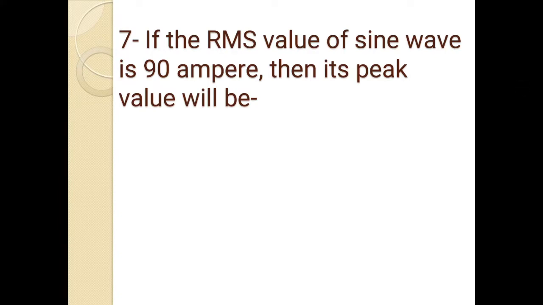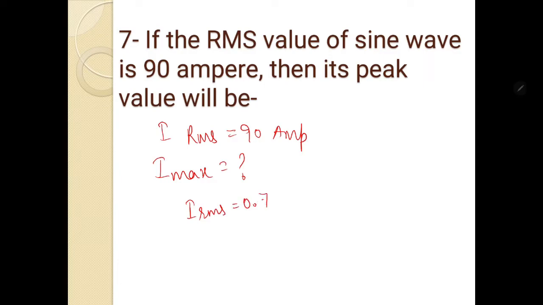Next question is, if the RMS value of a sine wave is 90 ampere, that is IRMS is 90 ampere, then find its peak value, that is maximum value. The formula is IRMS equals 0.707 Imax.